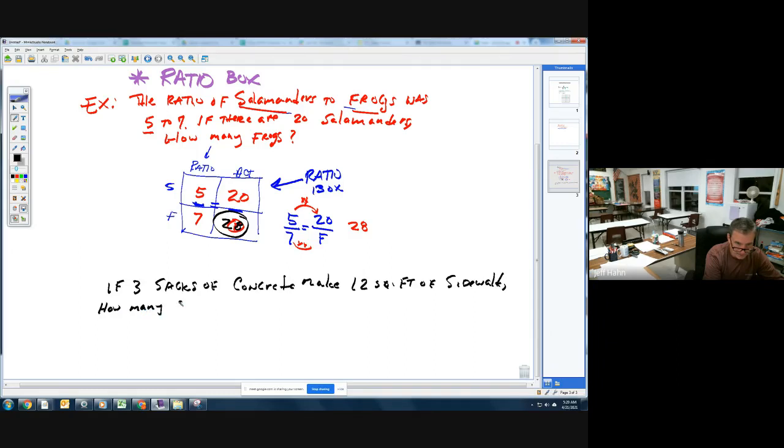How many sacks to make 40 feet of sidewalk?